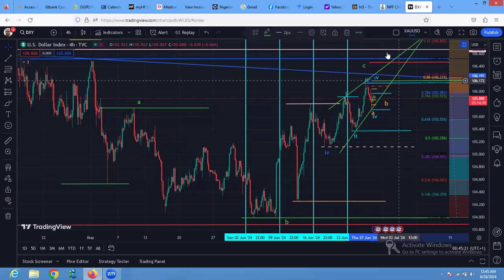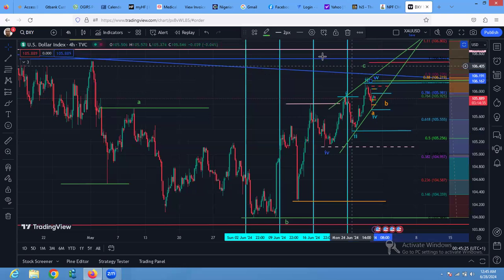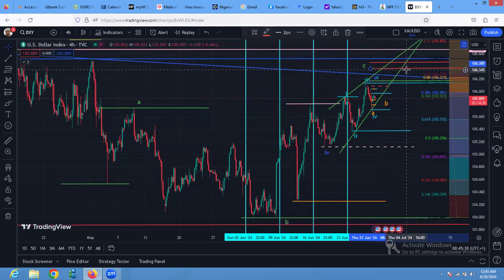And everything may just collapse from here. If I do it again here and put it at 88 on DXY, everything should collapse in that area.